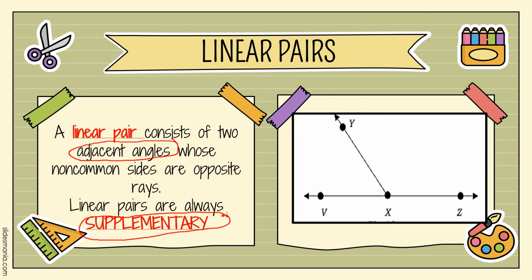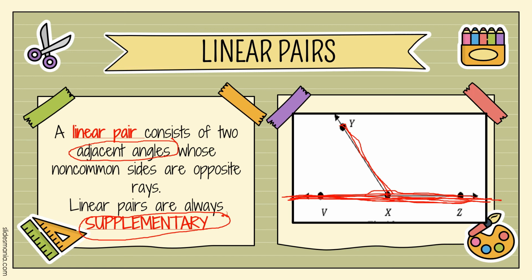To illustrate that, we have here an illustration. We have angle VXY and angle ZXY. If we combine them, they are going to form a straight angle.